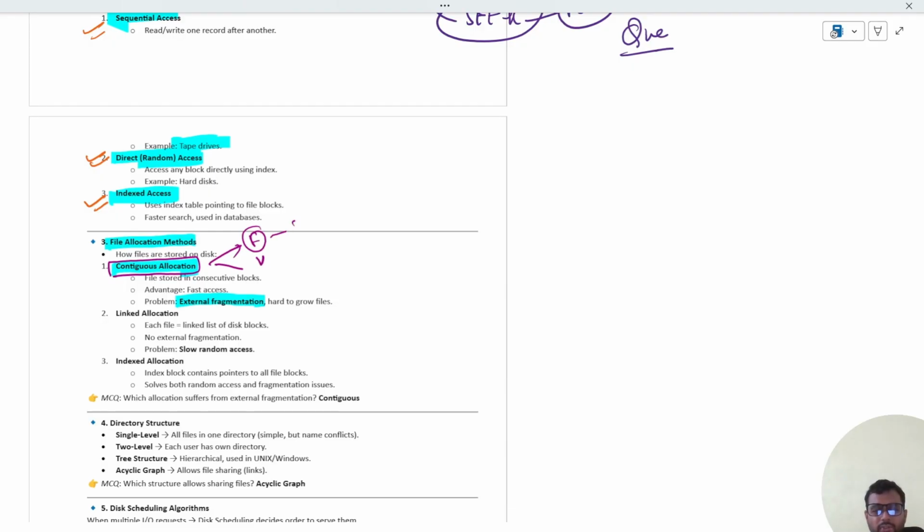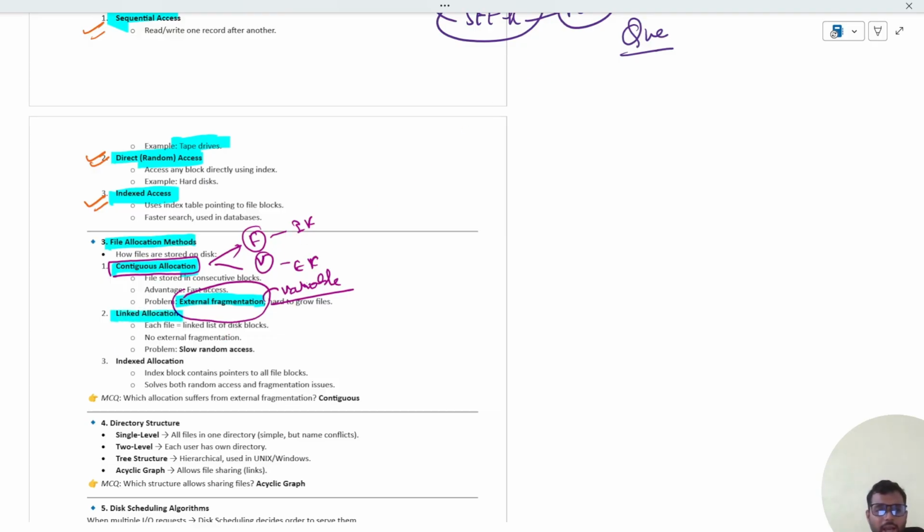Fixed parts suffer from internal fragmentation and variable parts suffer from external fragmentation. In files, contiguous allocation suffers from what? External fragmentation. That means your partition is variable.